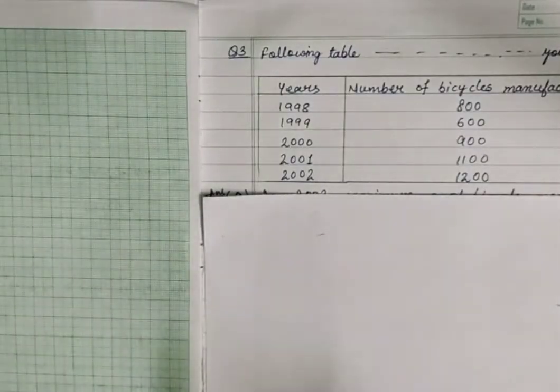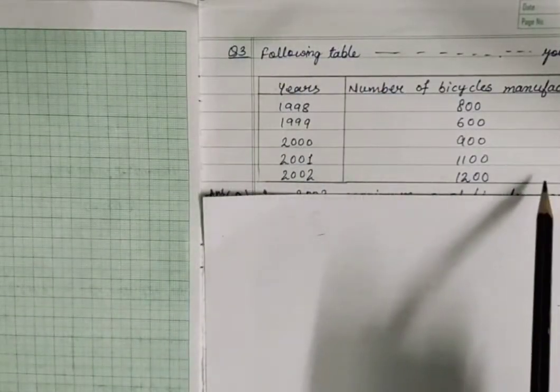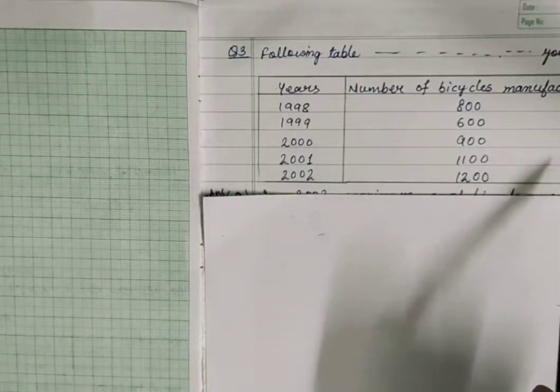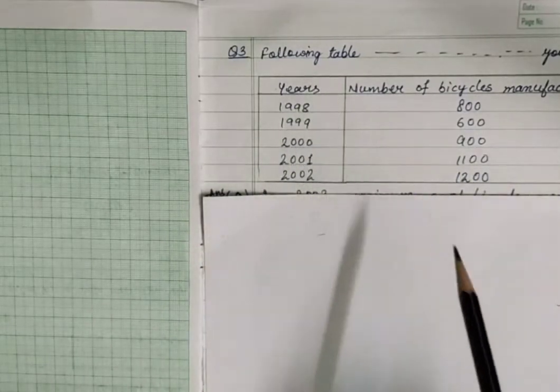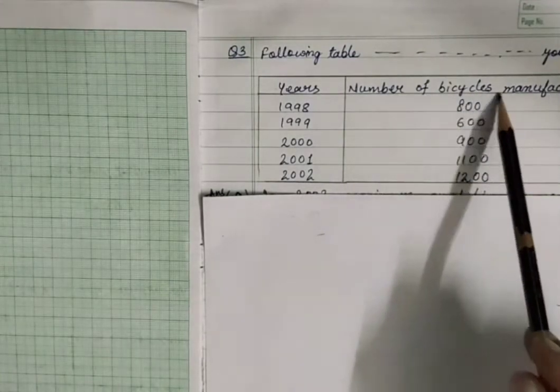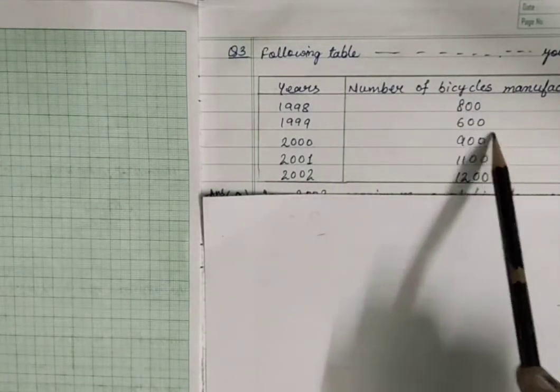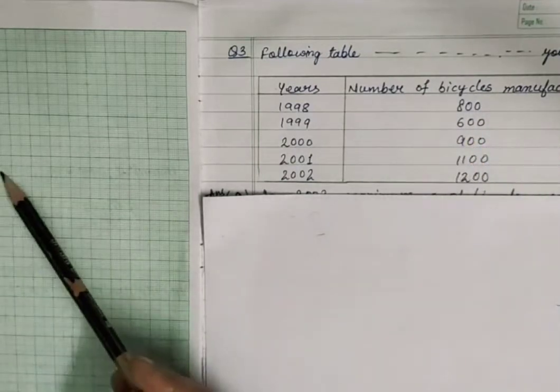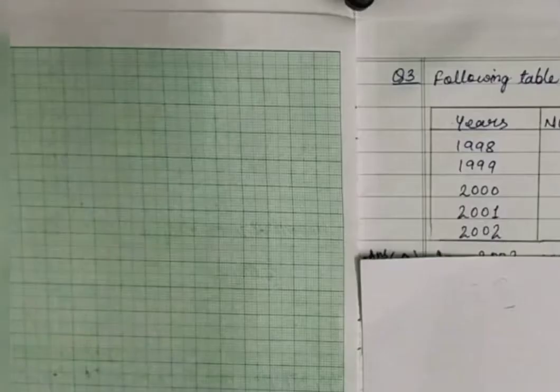I have written the question here on the right side. Mainly this table is important to draw, and you also have to do the same. The years are written here and the number of bicycles manufactured. With the help of this table, we'll make the bar graph.